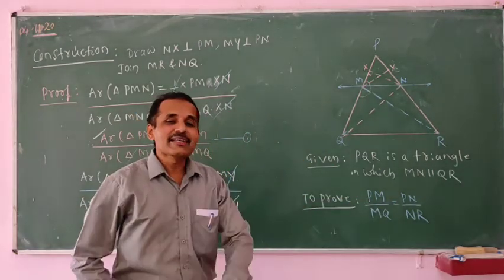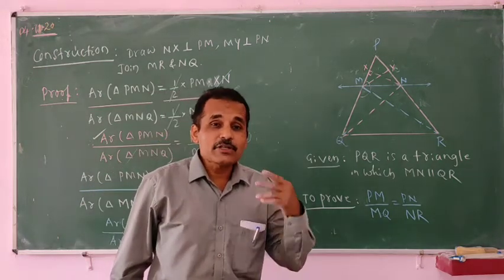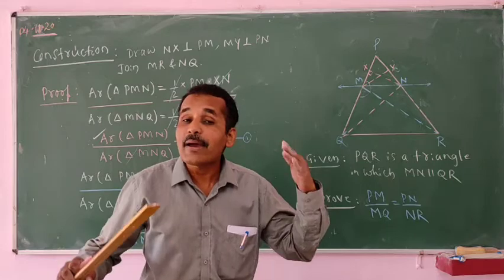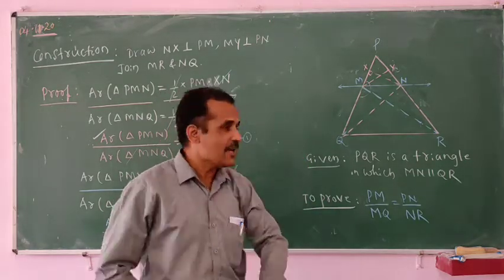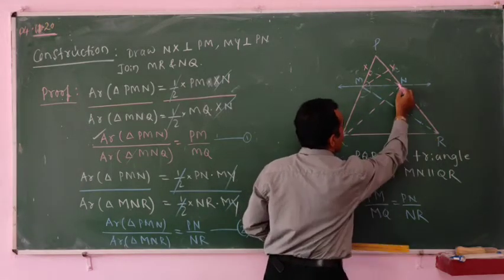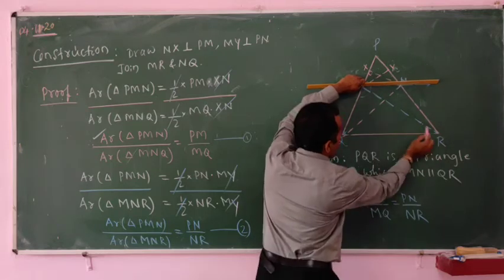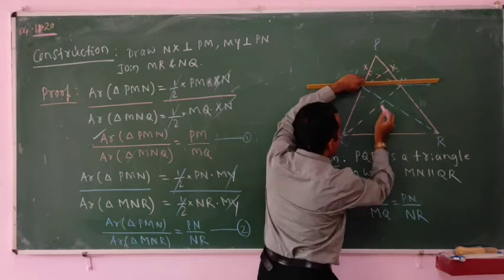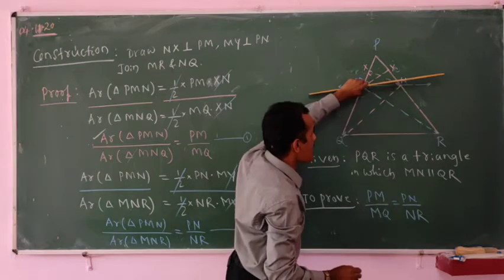You have learned in class 9th: two triangles which are on the same base and between the same parallels are equal in area. Look, these two triangles are lying on the same base, and they are between the same parallels.